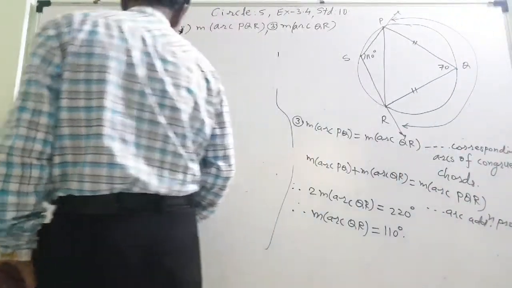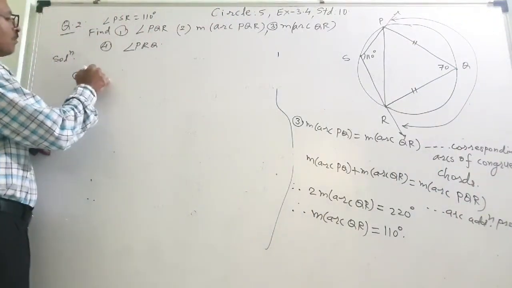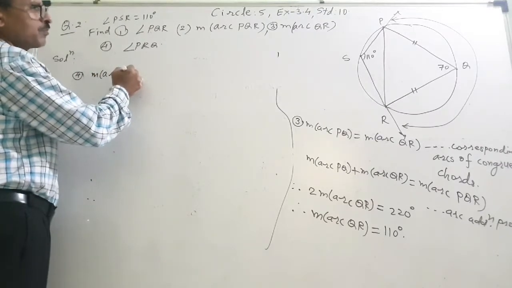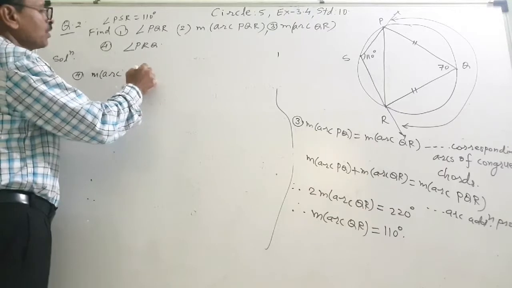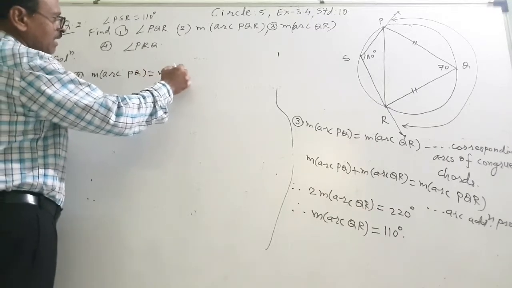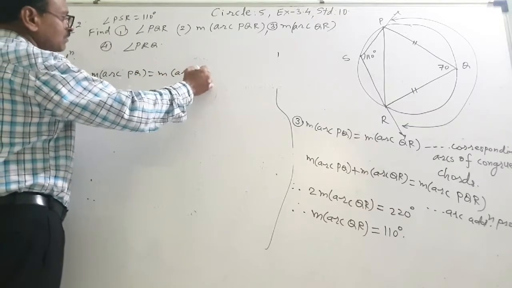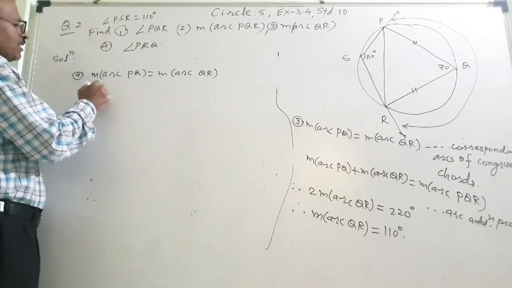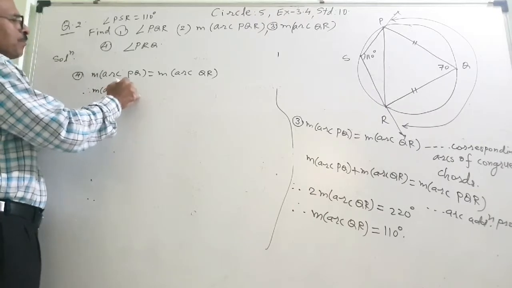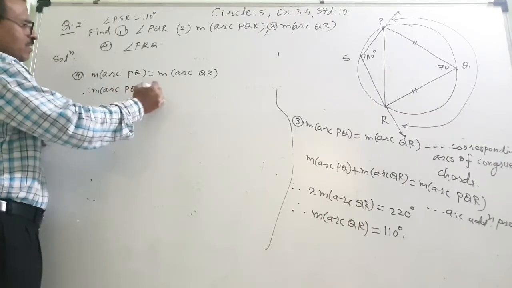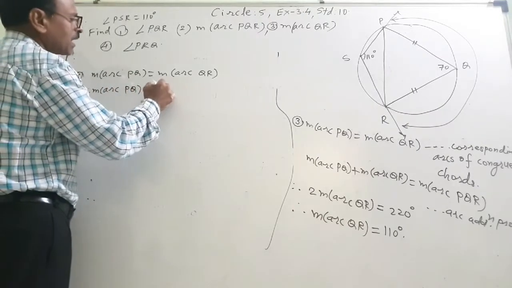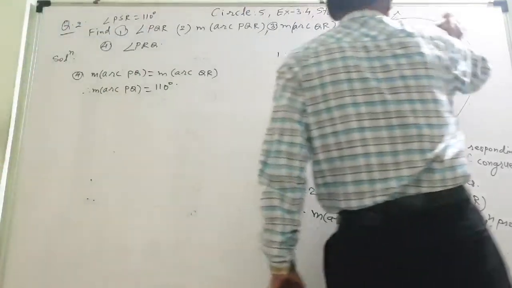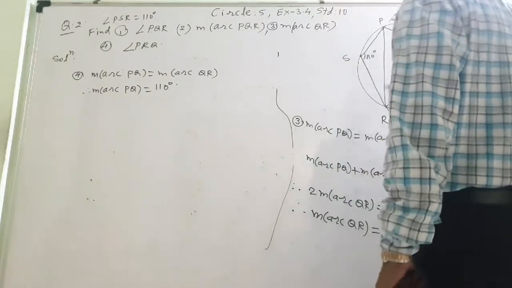So QR is equal to PR. Major arc PQ is equal to major arc QR. That we know. Therefore, major arc PQ is equal to how much? 110 degree. Means this arc is also 110 degree and this arc also is 110 degree.